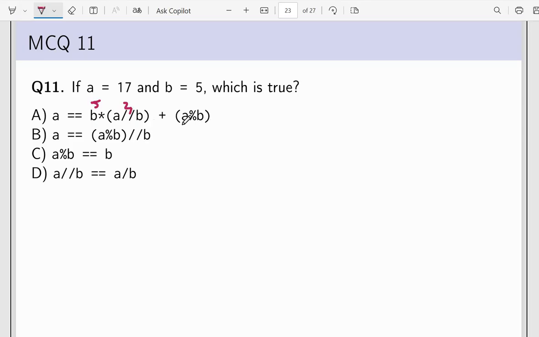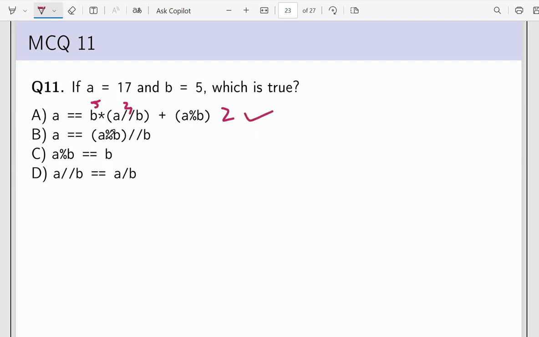Plus, what is the remainder? 17 divided by 5 gives the remainder 2. So 15 plus 2 is 17. Okay, this equals true.